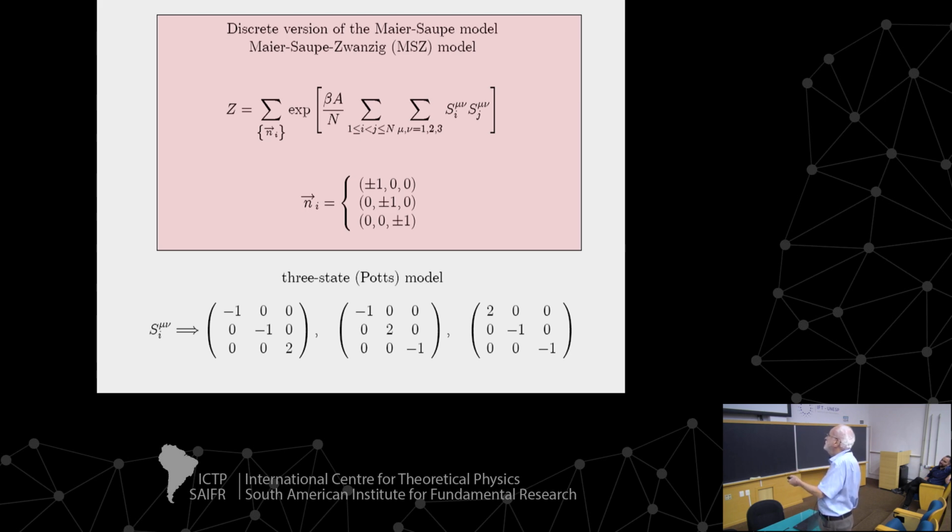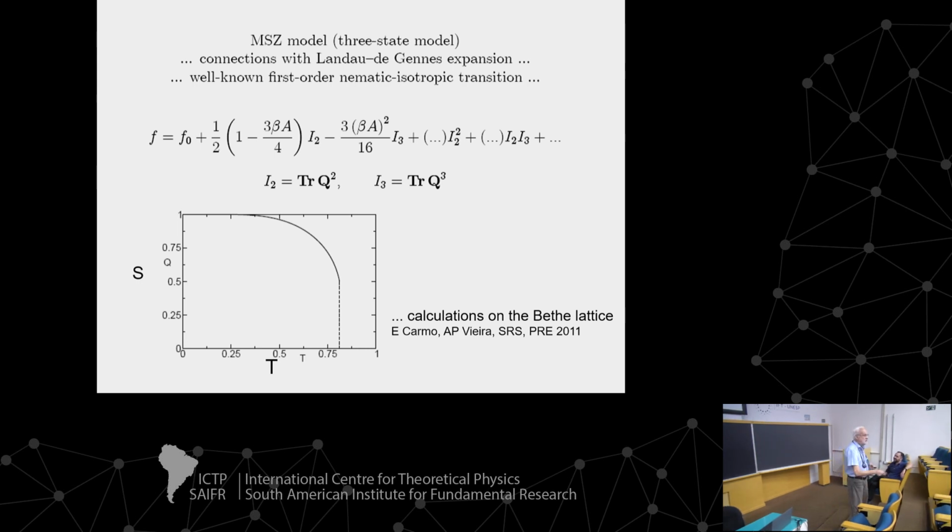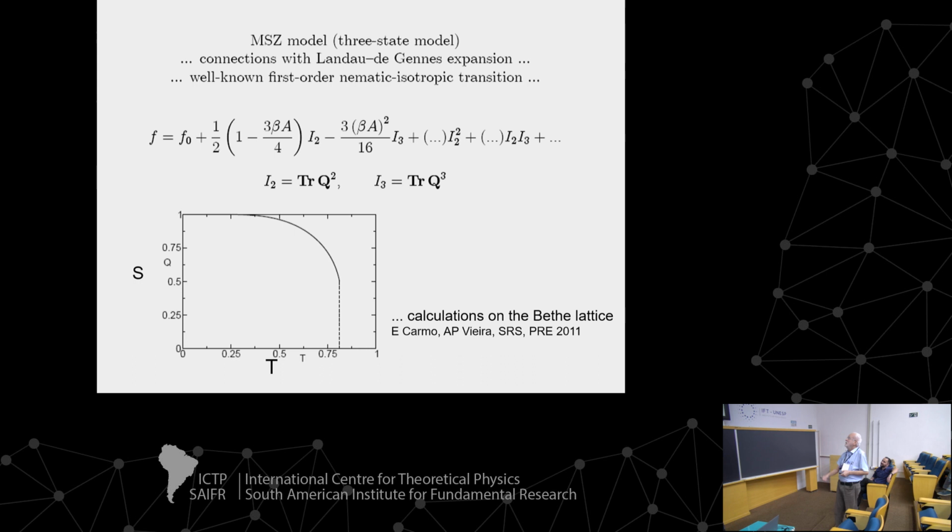So let me go ahead and let's see how much Danilo will allow me to go. If we do the statistical mechanics calculations, we really solve the problem. And here is the typical solution of the problem. You see there is a first-order transition. We can calculate the free energy and see that there are 2 coexistent phases.